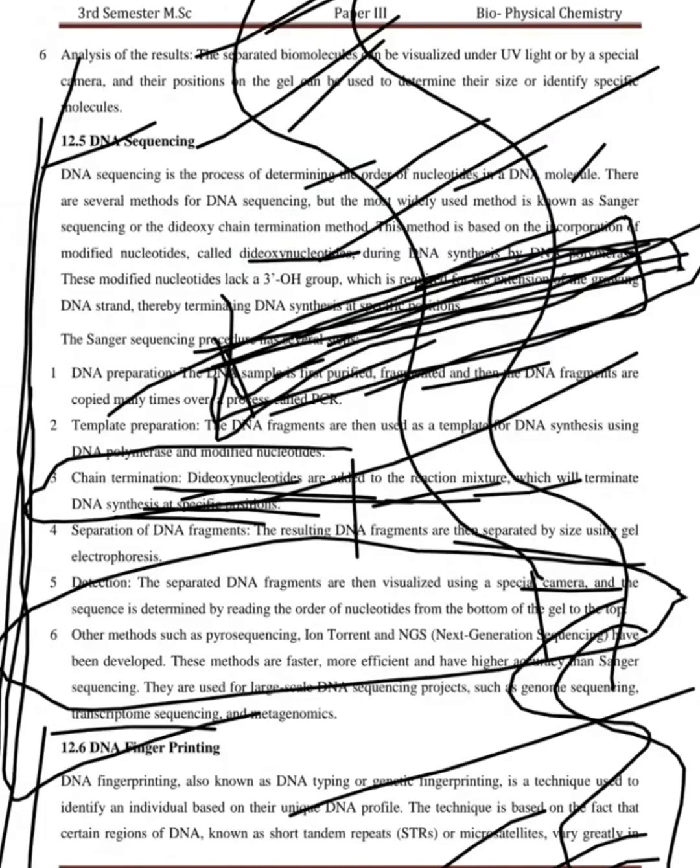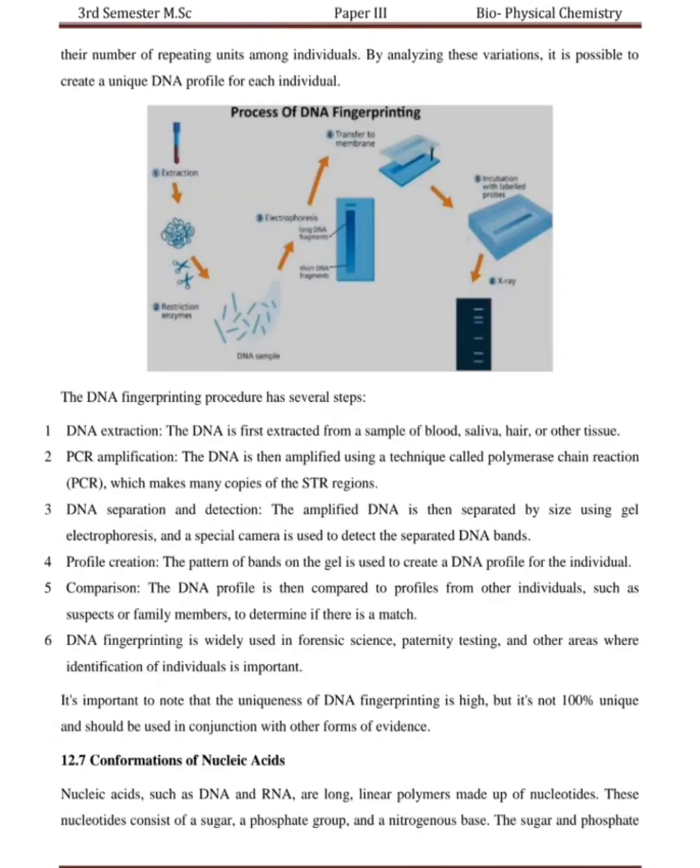DNA fingerprinting, also known as genetic fingerprinting, is a technique used to identify an individual based on their unique DNA profile. By analyzing their variations, it is possible to create a unique DNA profile for each individual.